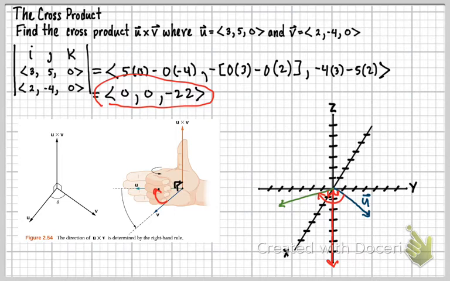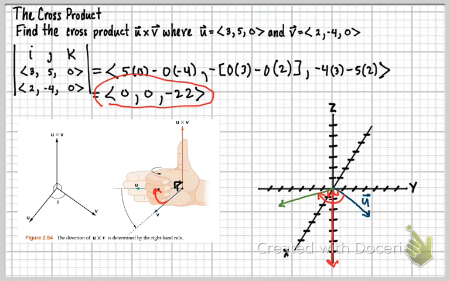So that's why we got the answer that we got here. Very nice. I just wanted you to understand what this cross product was that we're finding here. We're finding a vector that's orthogonal to the other two vectors. Sometimes we'll have directions that ask us to find vectors of this sort, or find one that's perpendicular to another vector. And this is one way we can accomplish that using a cross product.